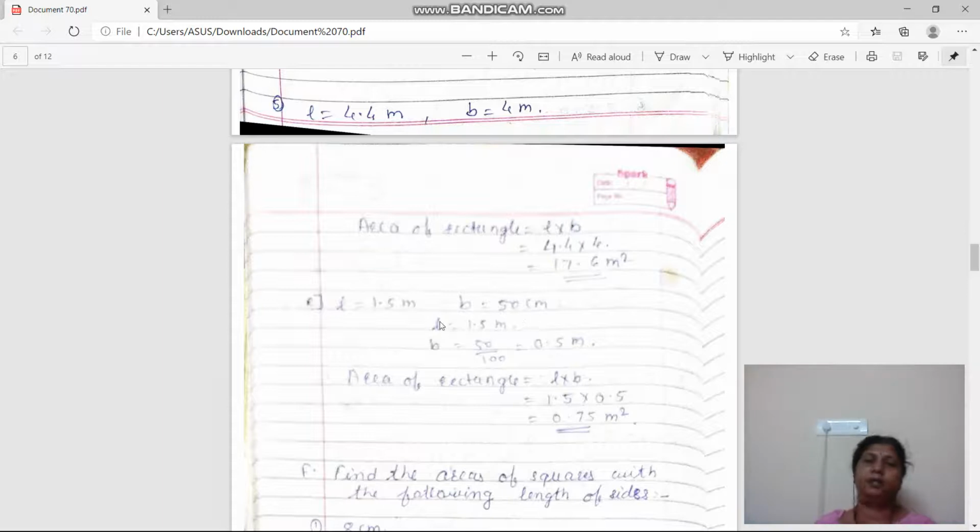Always remember length, breadth, always in same unit. So here meter and centimeter is here. So we will convert it into meter. So 1 meter is equal to 100 centimeters. So 50 upon 100 is equal to 0.5 meter. Area of rectangle is equal to length into breadth, that is 1.5 multiplied by 0.5. We get 0.75 meter square. Get it?